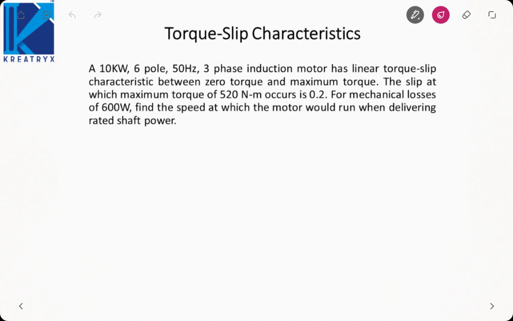In the next problem, it is saying a 10 kilowatt 6 pole 50 Hertz 3-phase induction motor has a linear torque slip characteristic, which means torque is proportional to sV square by R2. Between 0 torque and maximum torque, the slip at which maximum torque of 520 Newton meter occurs is 0.2.